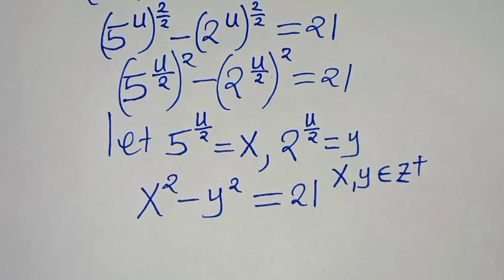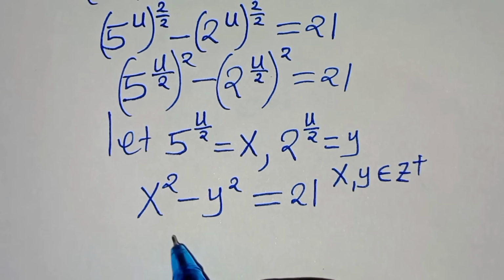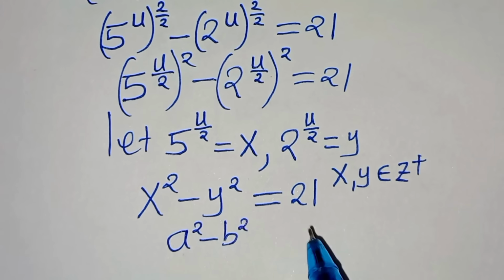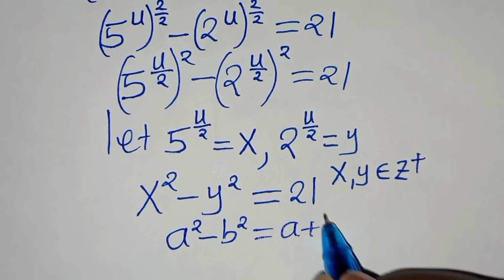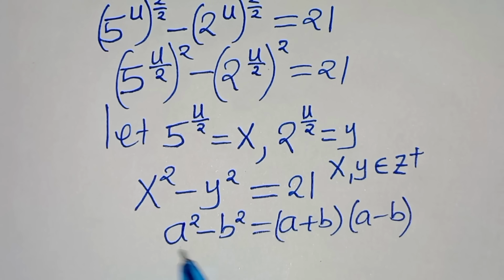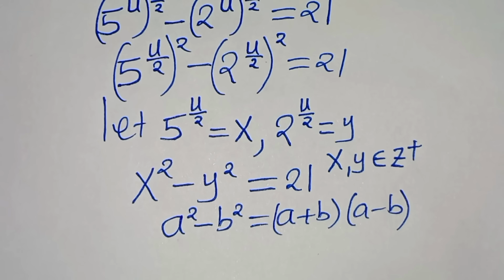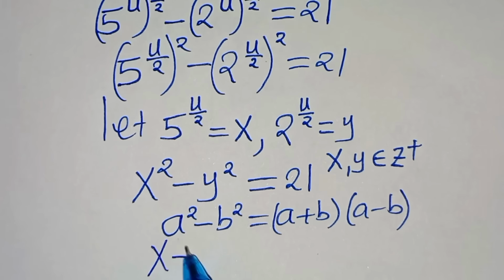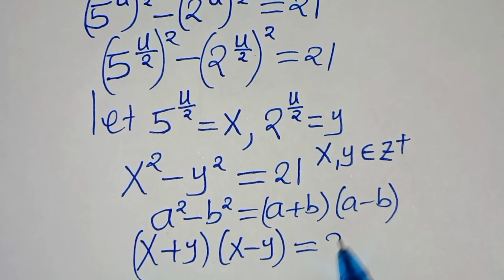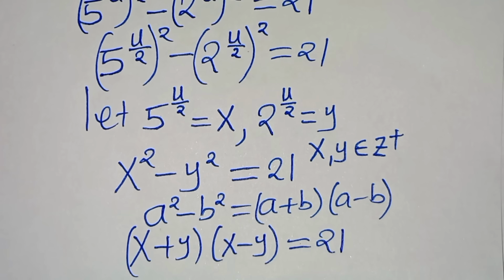Now, we have that x squared minus y squared is the difference of two perfect squares, expressed as a plus b multiplied by a minus b. Applying this identity, we have x plus y multiplied by x minus y, equal to 21.